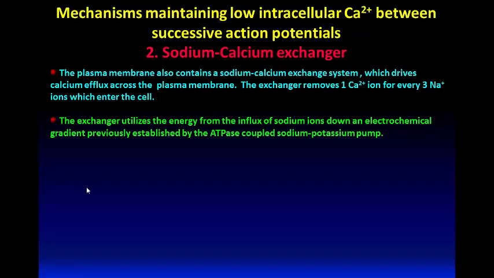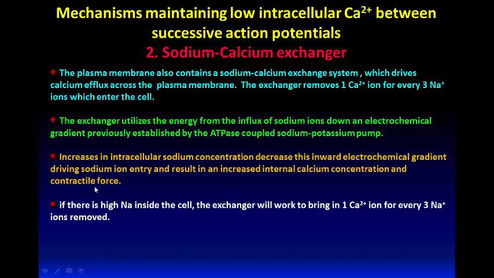What maintains the low intracellular concentration of sodium ions within the cytoplasm of the myocyte is the sodium-potassium pump. So the sodium-calcium exchanger utilizes the energy from the influx of sodium ions down their electrochemical gradient. Previously, this gradient is established by the ATPase coupled sodium-potassium pump.